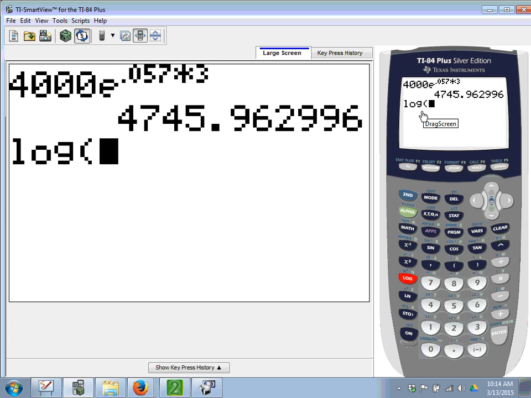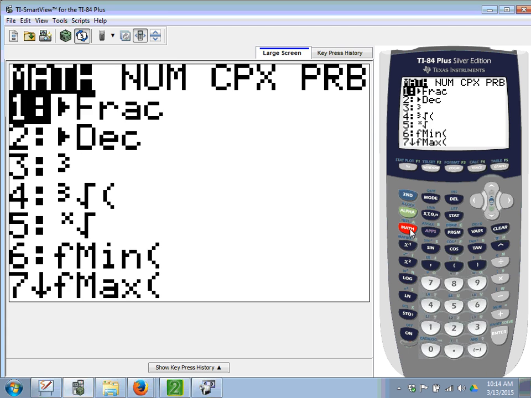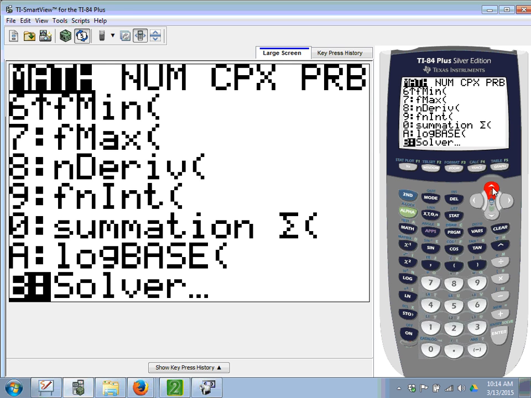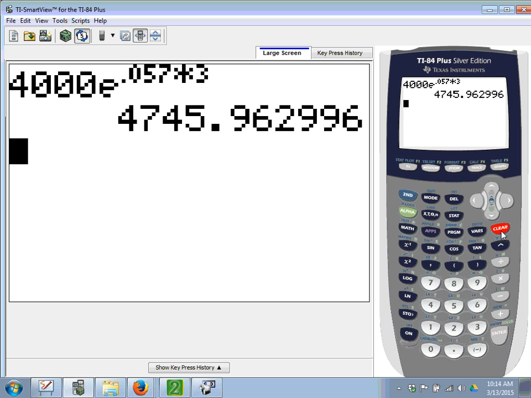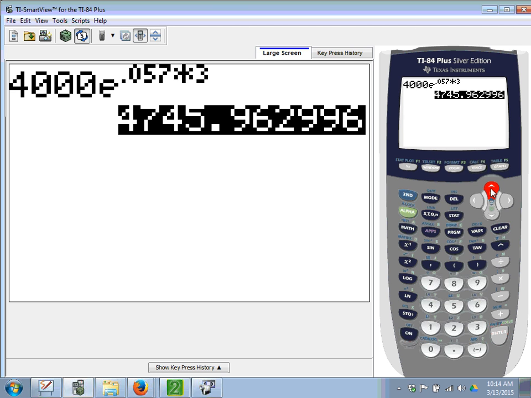You follow? But if you have the 84 Plus, you can hit math, scroll up a few spots to where it says log base. You see that option on yours? If you have the TI-84 Plus, it should be on there. If you go to math and scroll up, it should give you a log base. If you hit enter on that, try that again.